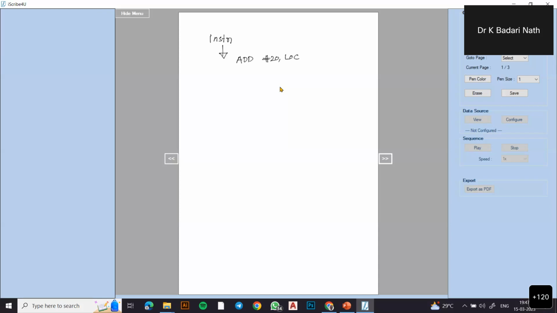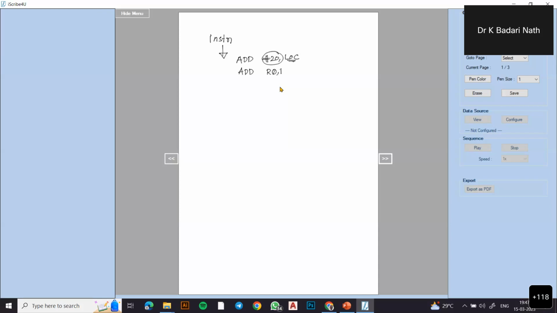What does that mean? It means I'm adding the number 20 to the memory location called LOC, which is in the memory, and I'm storing the answer back into the location. I'll give one or two examples like this, and then we will be able to understand how it works.